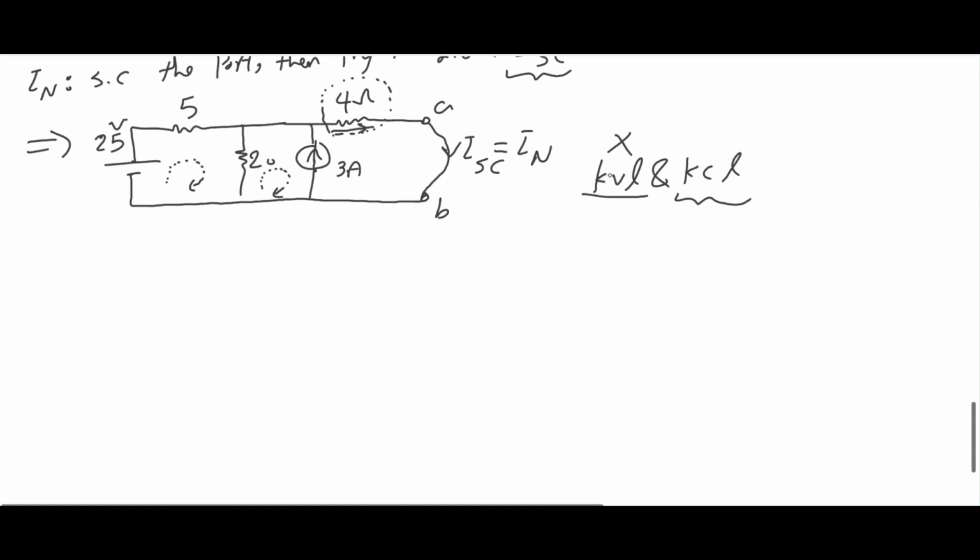What about KCL? Let's have a look at this node A. These parts are all the same potential.